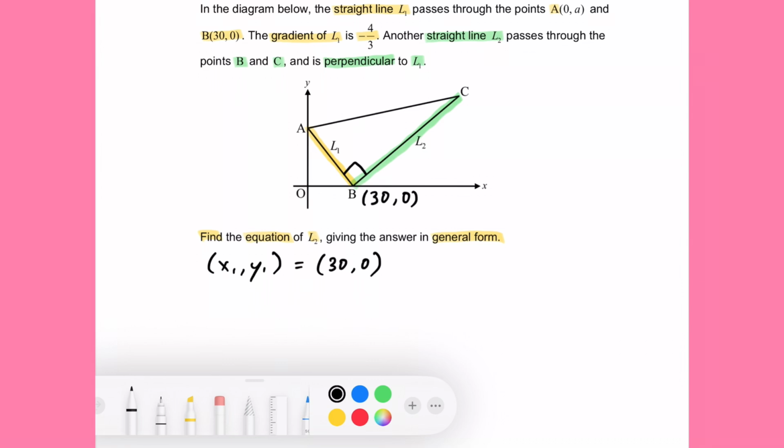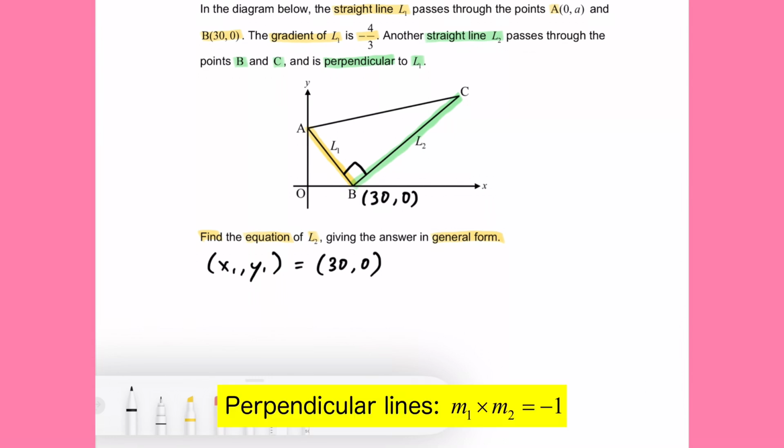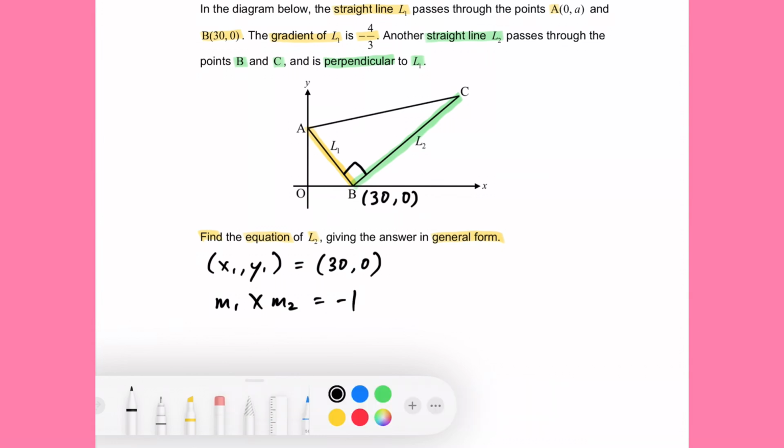So in order to find the gradient of L2, we need to know what would be the gradient of L1 as well. From the question, we are given that the gradient of L1 is -4/3. And because we are given that L1 and L2 are perpendicular to each other, the product of the slopes would be equal to -1. We can use m1 to represent the gradient of L1, m2 to represent the gradient of L2.